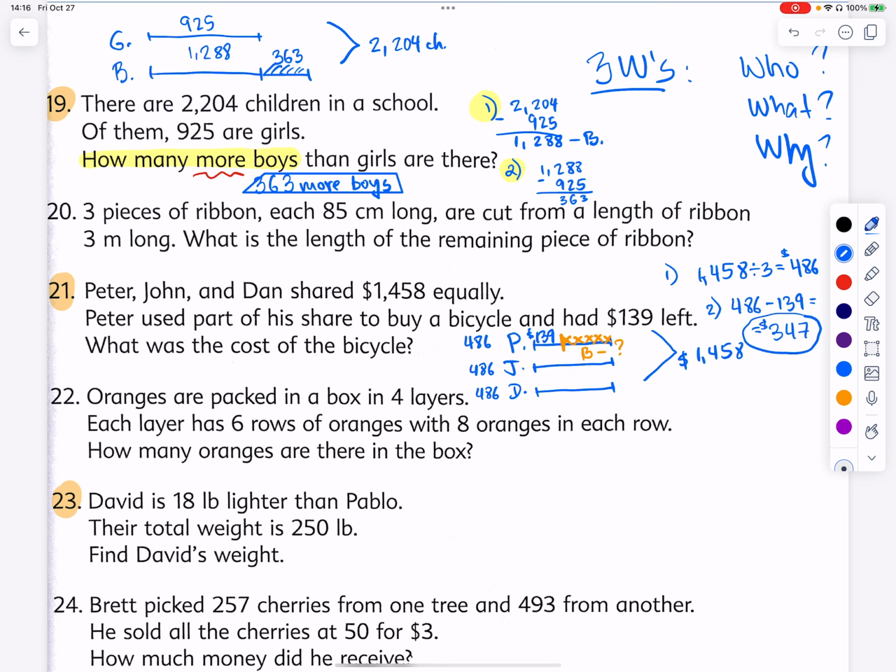Again, put your answer into the oval. 347. Let me highlight. The bicycle was 347.